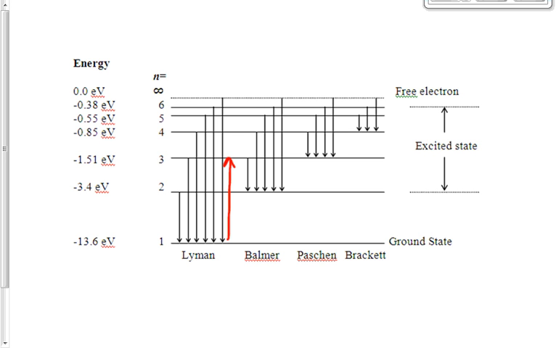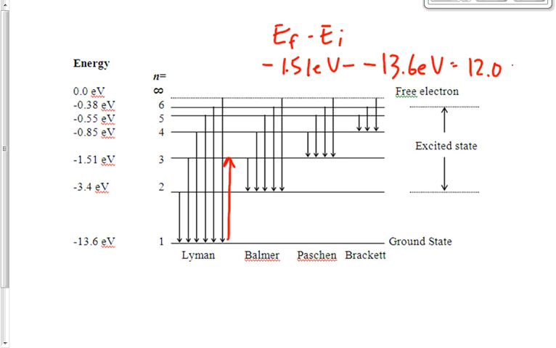Well, EF minus EI, again, we're going to say negative 1.51 electron volts, subtract negative 13.6 electron volts. That gives us positive 12.09 electron volts. Notice it's a positive value. So it's negative if it's given off, emitted, positive if it's absorbed.